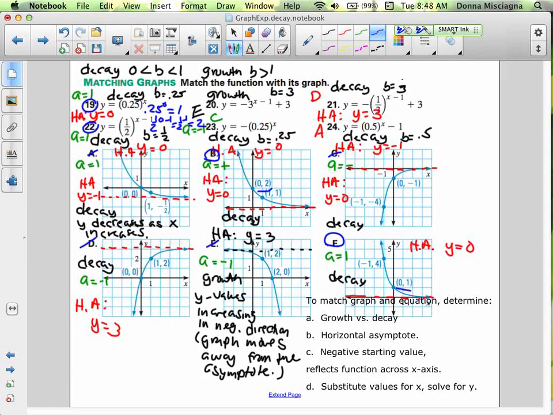Now we can see 0, 2 is 22, because that one has 0, 2 in it. If we plug in 0 into 22, we get 2. So 22 was B. And the last one, 19, was F. I know it's a little crammed in here, but hopefully you could follow along with the graphs. Any questions on this one?